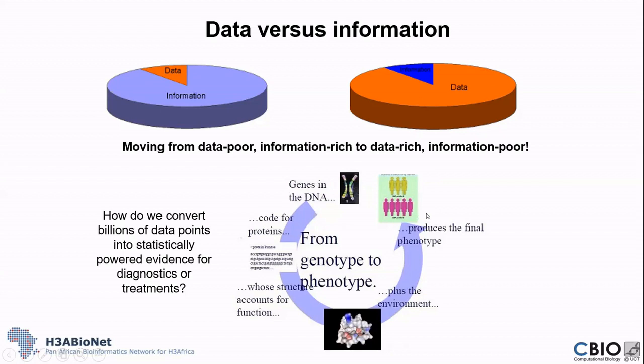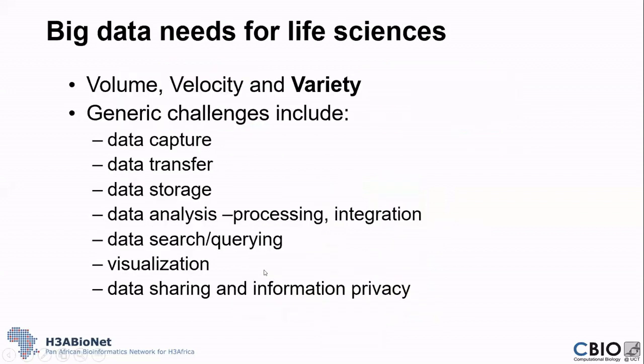A phenotype is a characteristic of something. A phenotype for a human would be their characteristics, either a disease characteristic or blonde hair, blue eyes, whatever. And this is all encoded in our genes, which basically are the instructions for this whole process. So if we gather data points on all of these, how are we going to manage them?